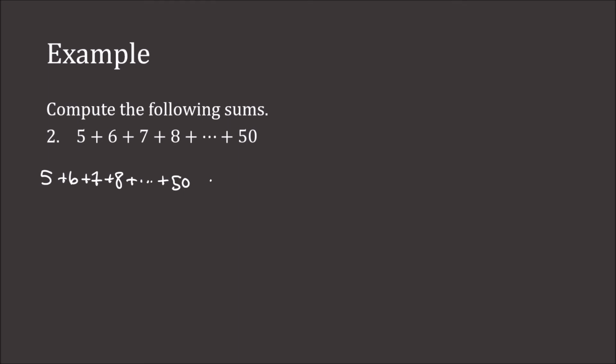So let's add them in. I'm going to do that in a different color, actually. All right, so I've now added them in. So now I can just keep going. 5, 6, 7, 8.